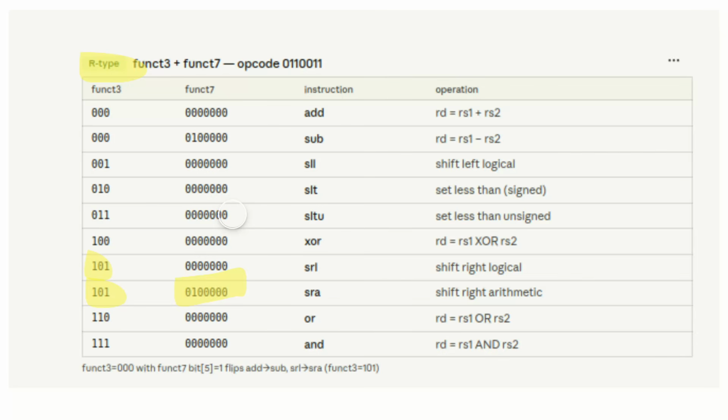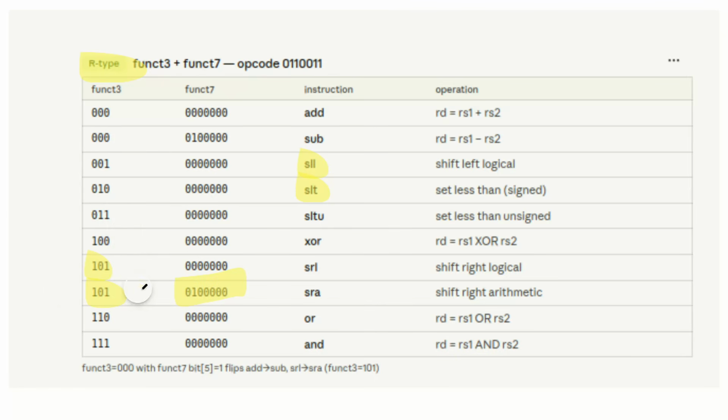So function 3 value for add is 000 and for subtraction is 000. Now shift left logical, set less than. Actually, set less than, you don't really need to learn. But if you want to learn in that order, 001, 010, 011, that is why I have written it like this.